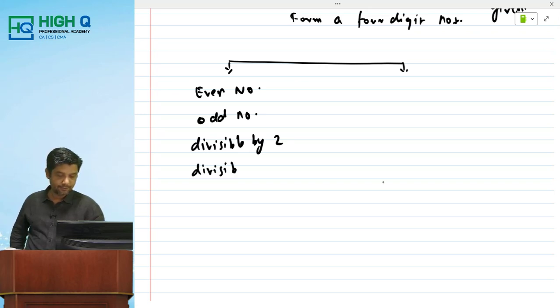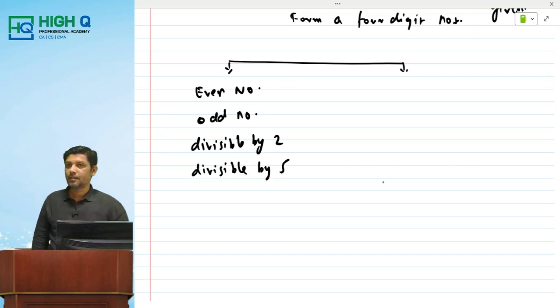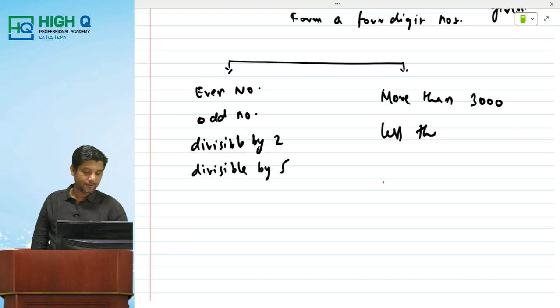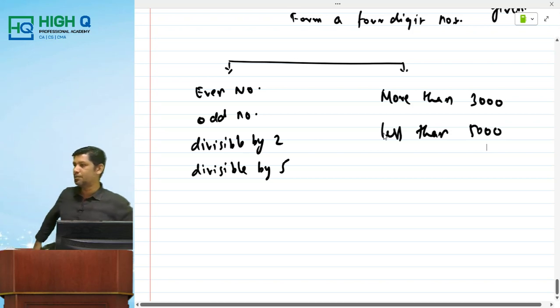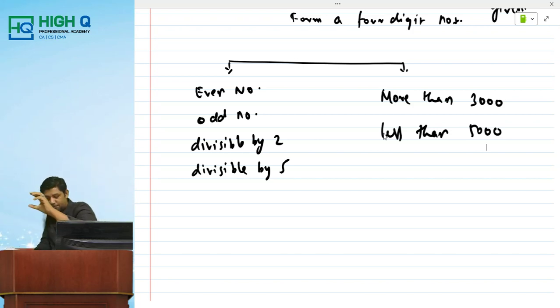Divisible by 5, another constraint. More than some number like 3000, or less than 5000, something like that. So these are the types of questions expected in digit problems. The arrangement of the numbers can be an even number, odd number, more than this, less than that. This way the questions can be asked.